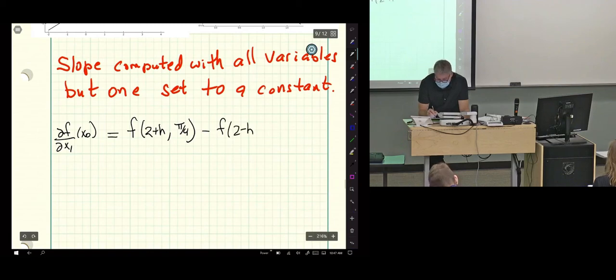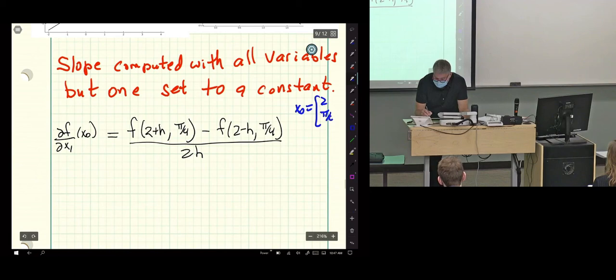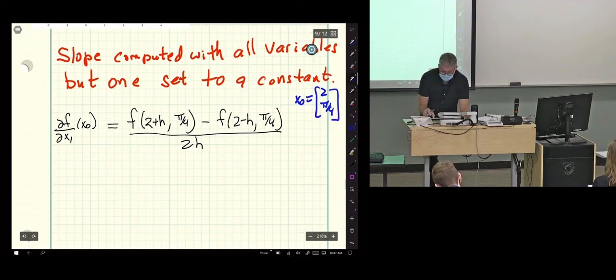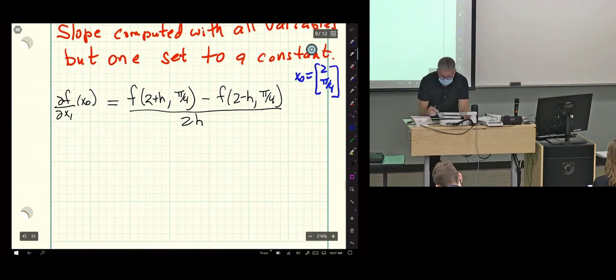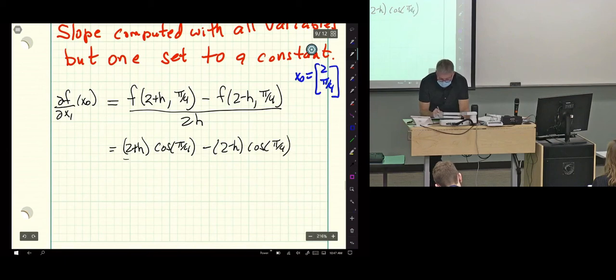This will be 2 minus h, and x2 is constant, over 2h. So x0, remember, is 2 and pi over 4. So this is 2 plus h cosine pi over 4 minus 2 minus h cosine pi over 4 all over 2h.